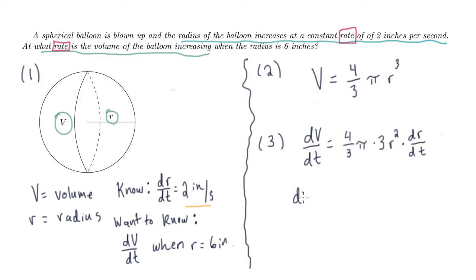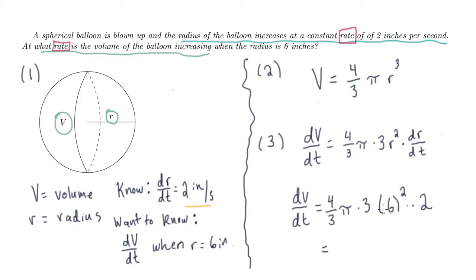So dv dt in our case is equal to 4/3 pi times 3 times 6 squared times 2. Okay, and we multiply all this out, and what do we get?